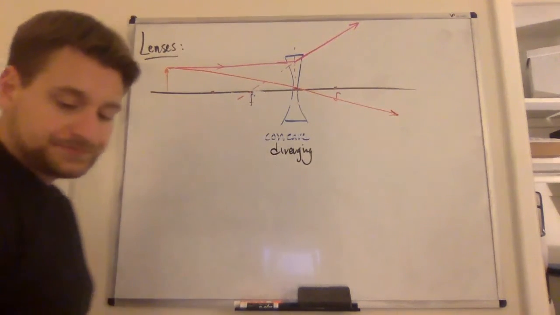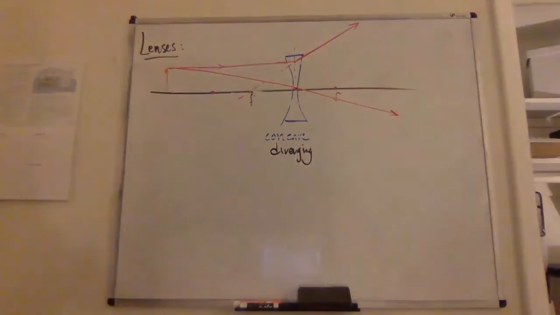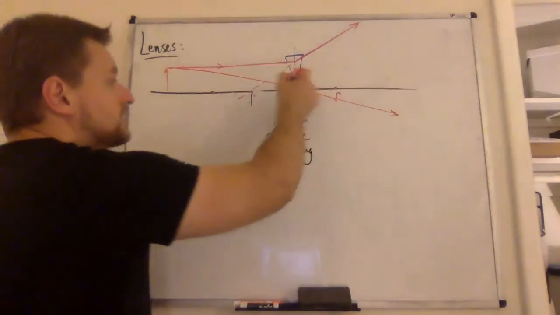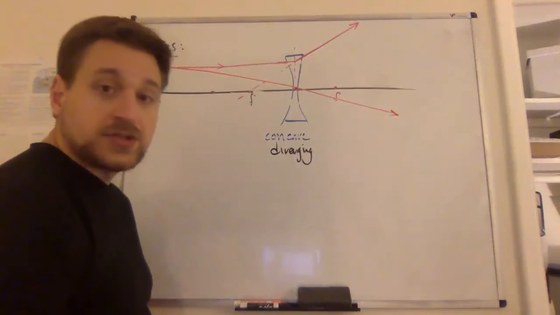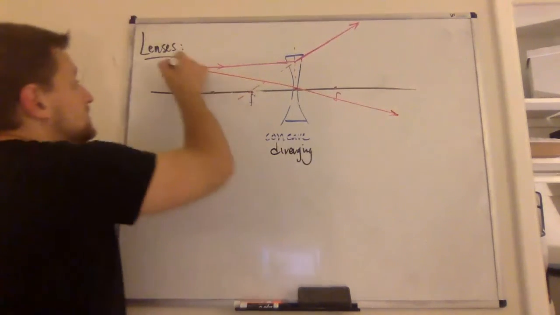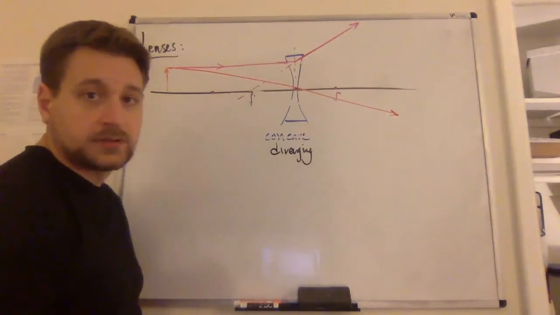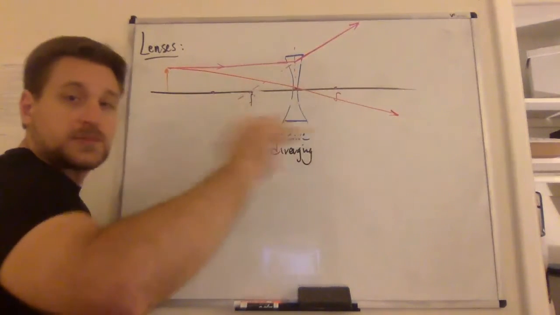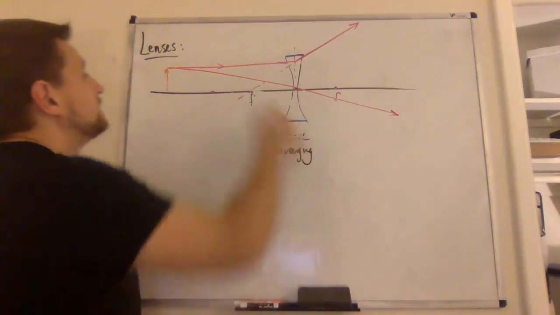The other option is to imagine a ray, let me use a third color here, leaving this object and going to that focal point, the focal point on the proper side of the lens, the transmission side of the lens.